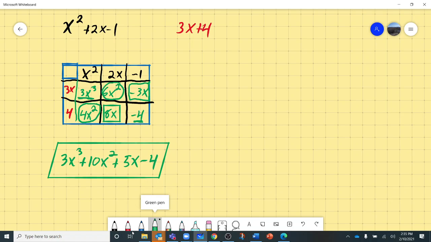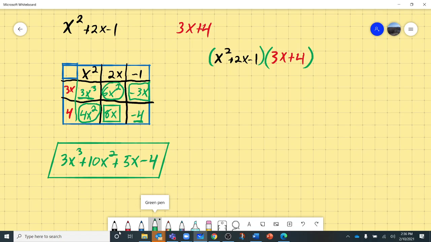Okay, the other way to do this is we're going to take our x squared plus 2x minus 1, and we're going to multiply that by 3x plus 4. And what we really just need to do is make sure that we multiply every term in the left parentheses by every term in the right parentheses.